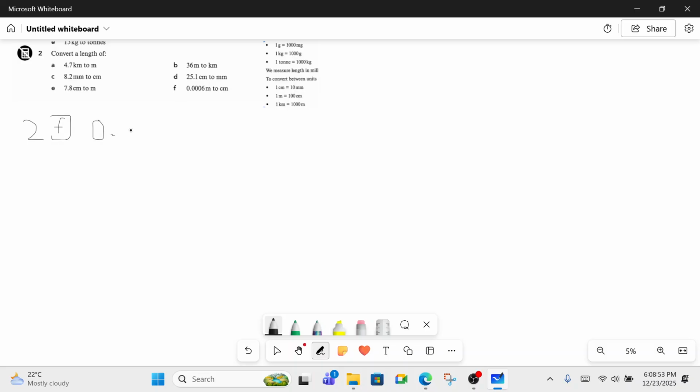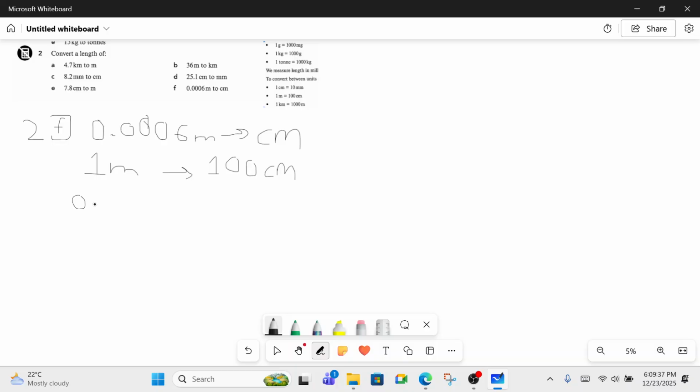Now we have 0.0006 meters. Now that's a lot of zeros. Into centimeters. Okay. So we know 1 meter represents 100 centimeters, my bad. Okay.